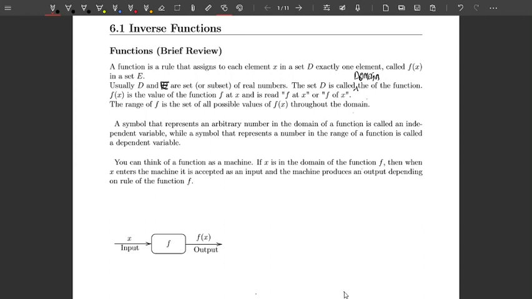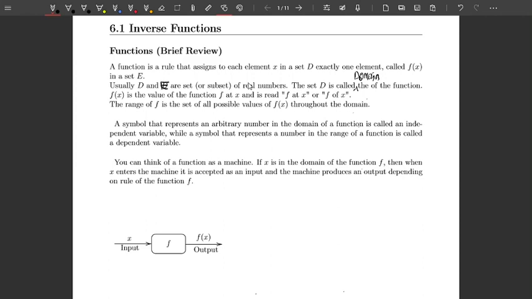So as you may have already known, a function could be defined as a rule that assigns to each element in a set D exactly one element called f of x in another set E. Usually, the sets D and E, as far as this class is concerned, would be subsets of real numbers.